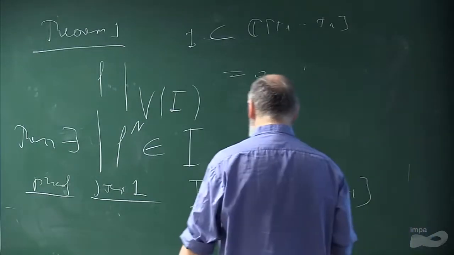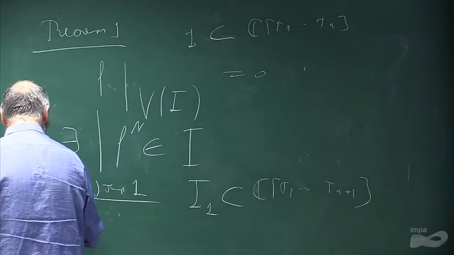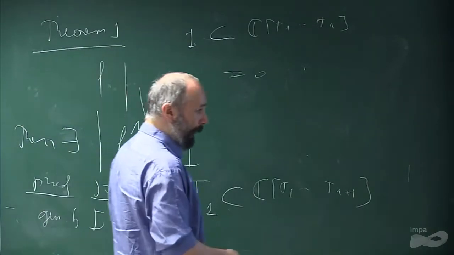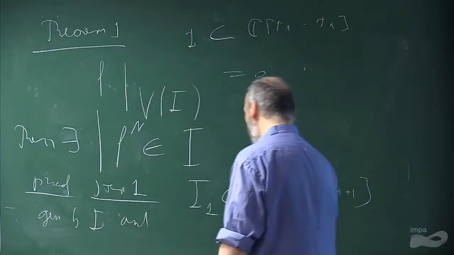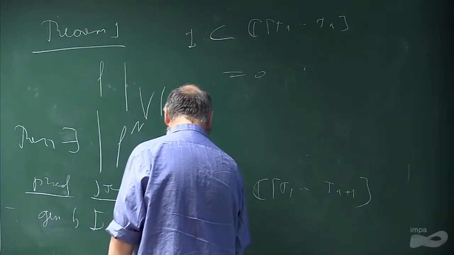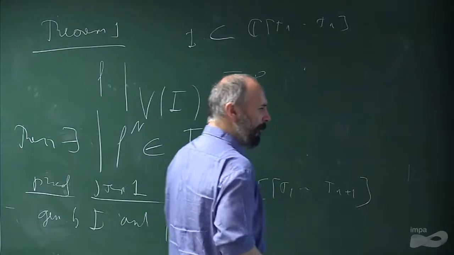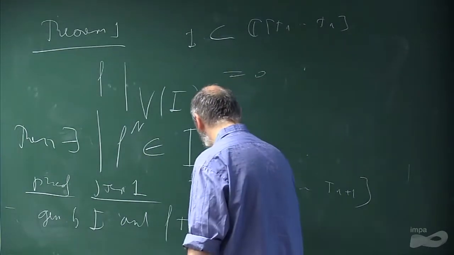And this ideal is generated by I, and now we localize by f. So f t n plus 1 is equal to 1. Well, minus 1.